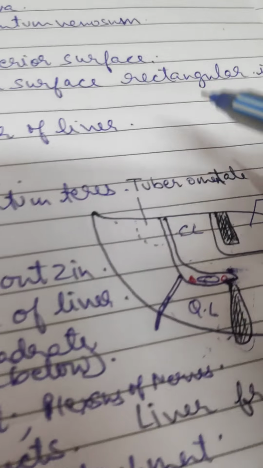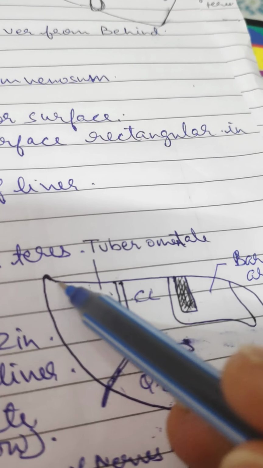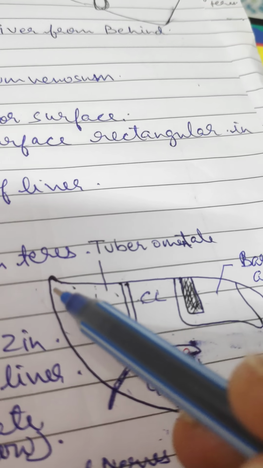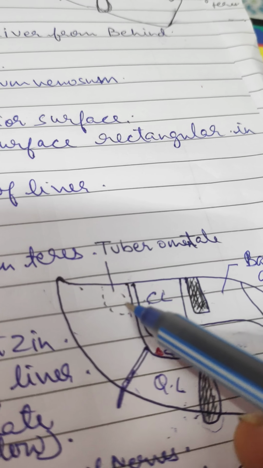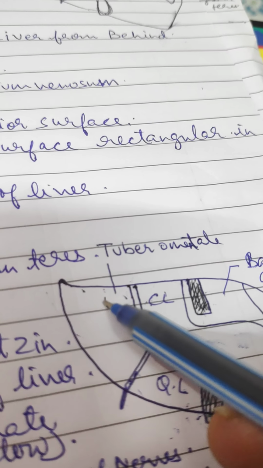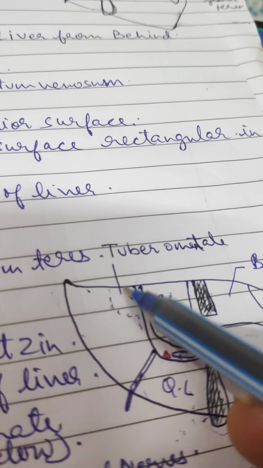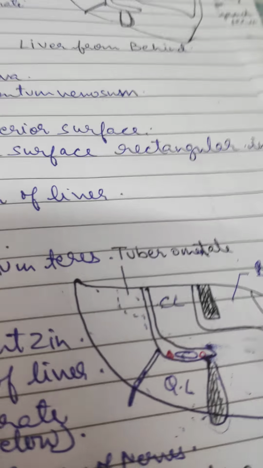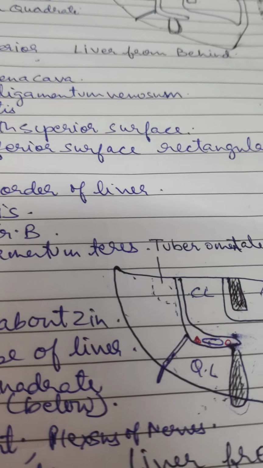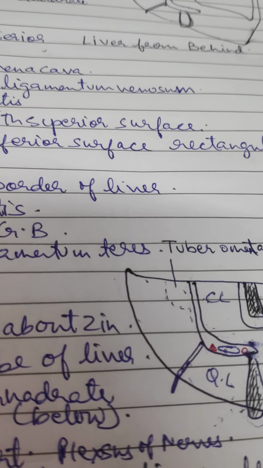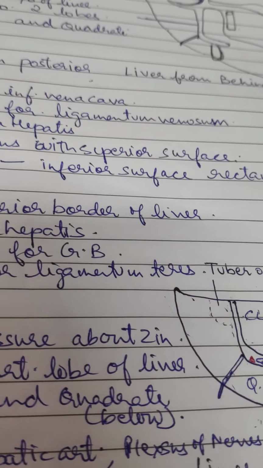Okay. So if we see here in this diagram, this is the left lobe. And near this ligamentum venosum fissure, there is a tuberosity here, an elevation, which is called tuber omentale. So this is only about the left lobe. Okay. So this is flattened above, below.